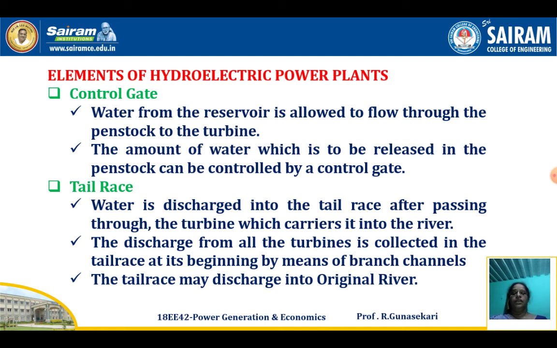The tail race may discharge into the original water body. So we store the water in the reservoir, then it comes to the dam, then through the penstock to the turbine, where mechanical energy is produced. The turbine and generator are coupled, and the mechanical energy is converted into electrical energy. After that the water goes to the tail race.